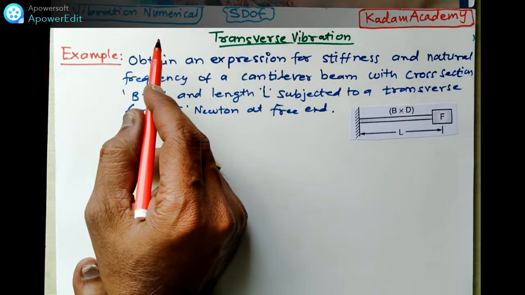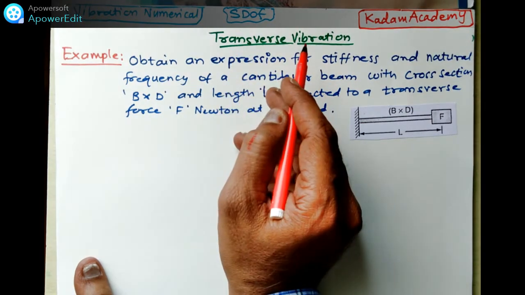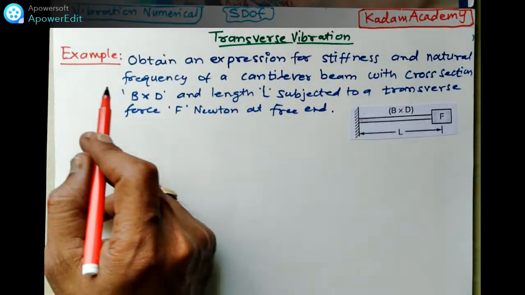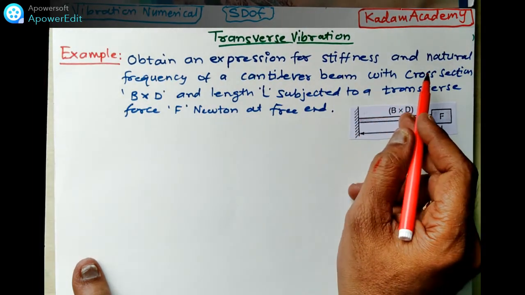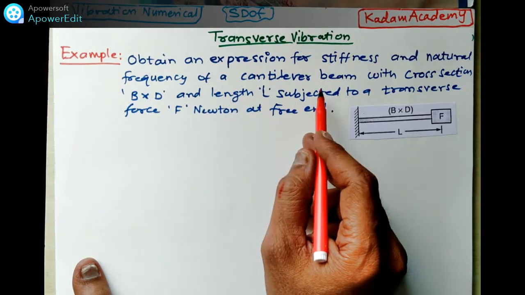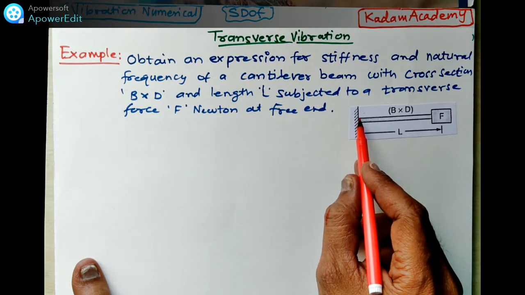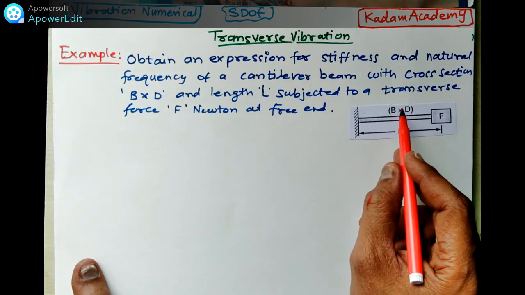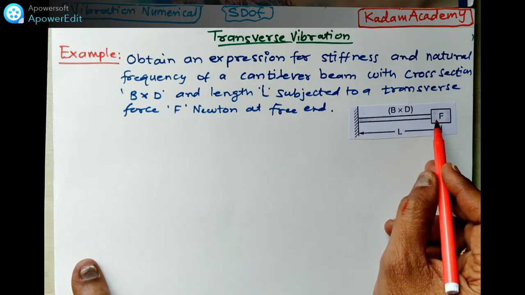This is the vibration numerical series. Under this vibration numerical, it's related to transverse vibration, single degree of freedom. This example statement I will read: obtain an expression for the stiffness and the natural frequency of a cantilever beam with cross-sectional area B into D. This is the beam which is fixed at one end, with the cross-section B into D and length L, and subjected to transverse force.